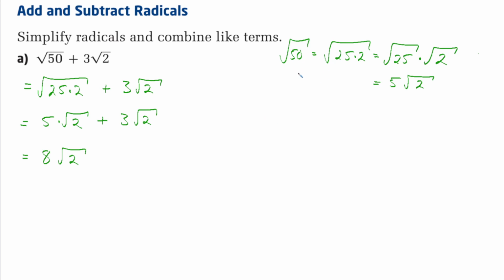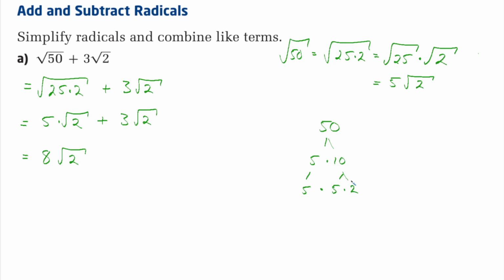If you got to 50 and you were struggling with pulling out the 25, start a prime factor tree for 50. You might have said, all right, that's 5 times 10. 5 is a prime number, so 5 comes down. 10 is going to be 5 times 2. And then you're done, and there's your 5 times 5.